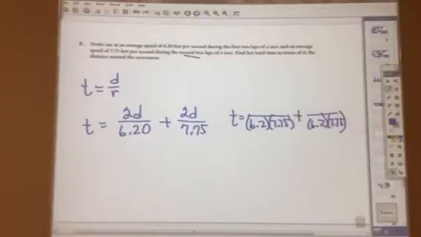What would I multiply this 2D by to get a common denominator? The denominator is 6.20, and the other is 7.75. I would need to multiply this by 7.75. And 7.75 times 2D will give me 15D.